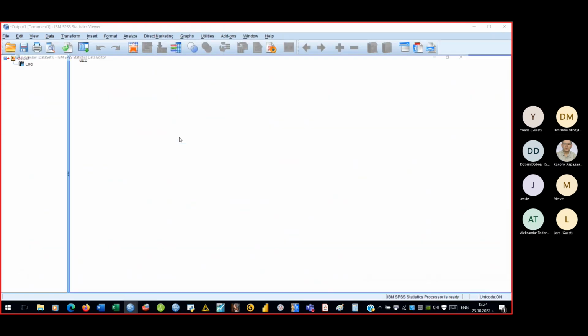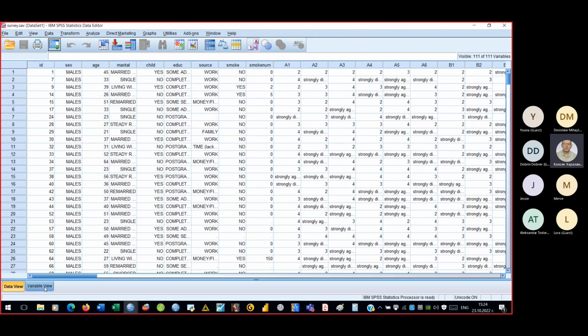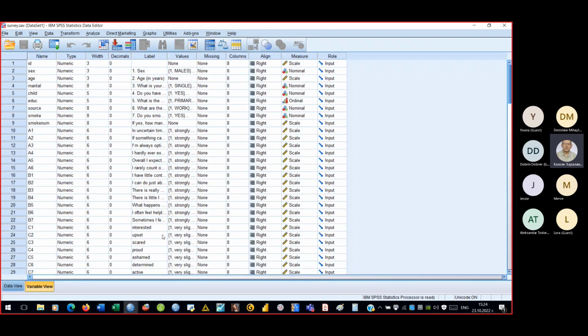Okay. And I will start with variable view, because for this method it is very important that the measures or scales be correct. So I will check them.